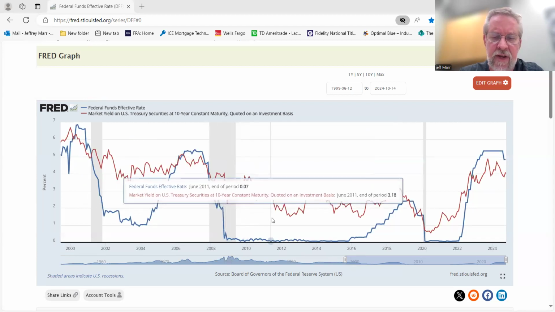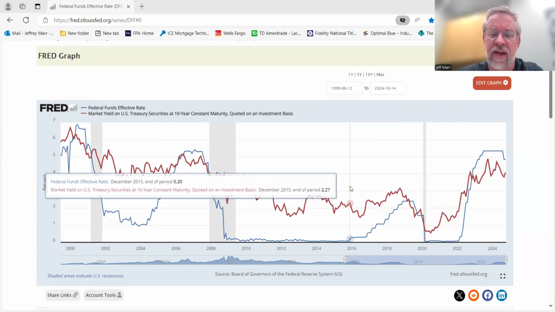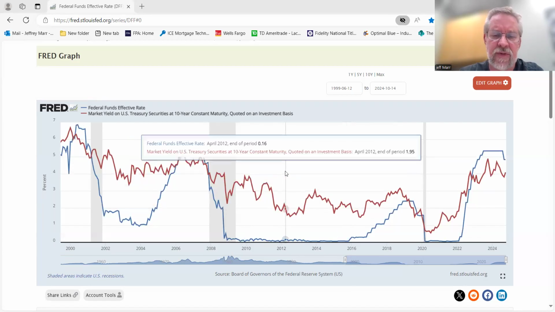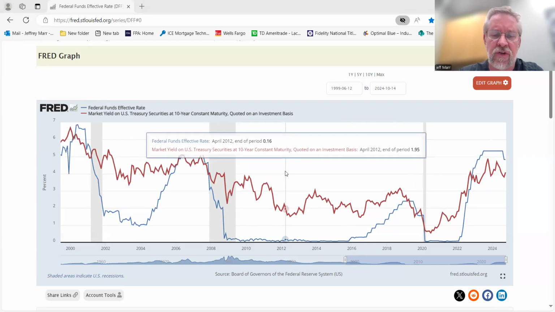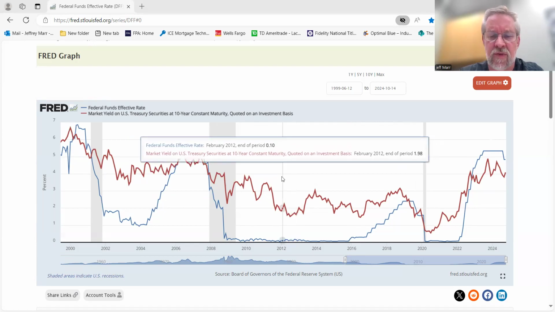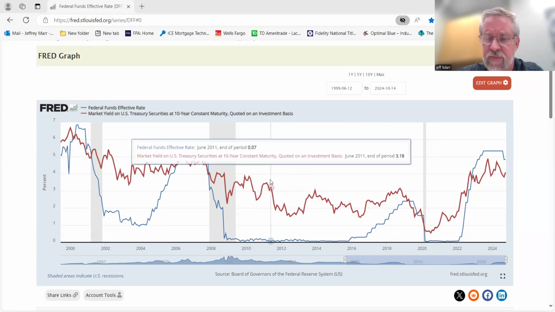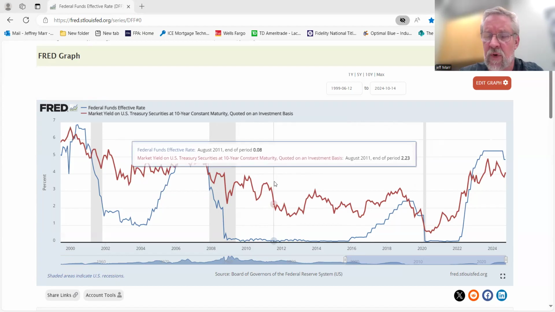And during this period here, we had quantitative easing. So in addition to the rate cuts that had already happened, the Fed was actually buying additional Treasury and mortgage bonds to stimulate the economy, driving mortgage rates lower. By the way, the 10-year Treasury yield moves very much in a similar way to mortgage rates.